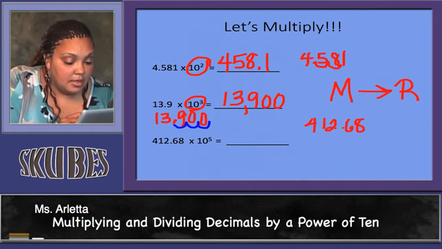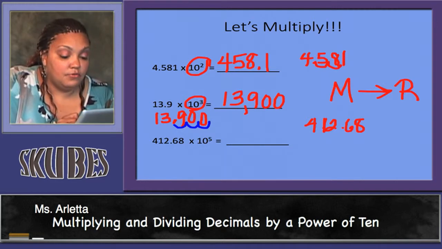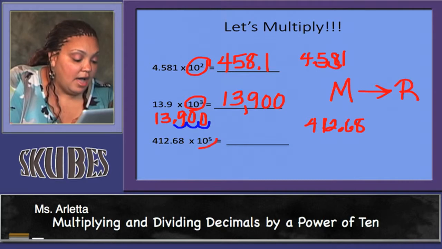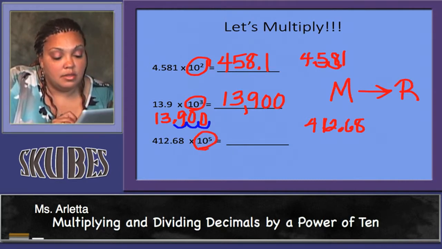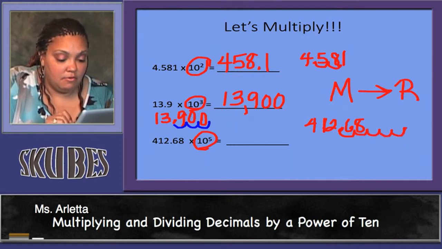412.68 times 10 to the fifth. We'll start at the decimal point and move it 5 spaces to the right, because that 5 in the exponent lets you know that is how many times you go to the right. 1, 2, 3, 4, and 5.